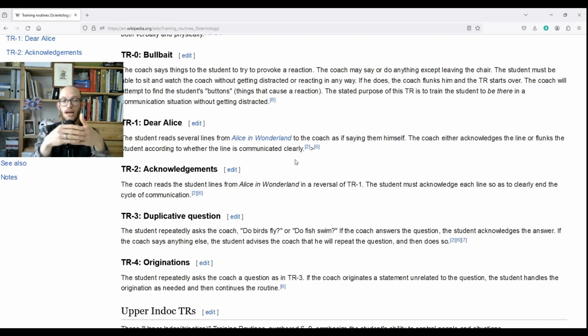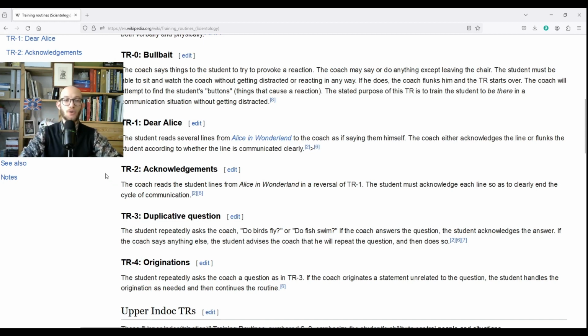It all comes out as though you just made this up. And the idea behind that is later on, when you become an auditor, that you are able to give the commands or ask the questions not in a wooden and robotic way, but in a warm way, so that the PC receives it well, right? Dear Alice.